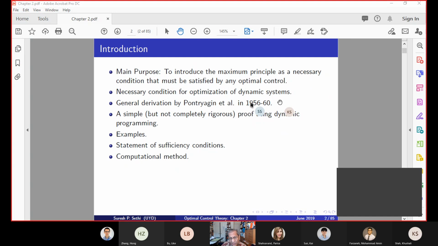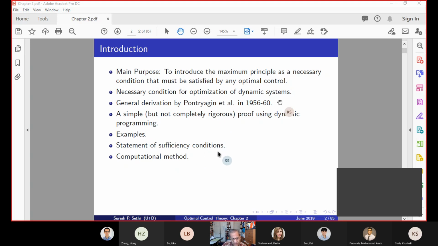The English translation came in 1962, and that's the one that I cited earlier, and I got a signed copy. We are going to give a simple but not completely rigorous proof using dynamic programming. I will tell you why it is not rigorous when that point comes. Once again, the emphasis in this course is not on rigor, but rather on solving problems.